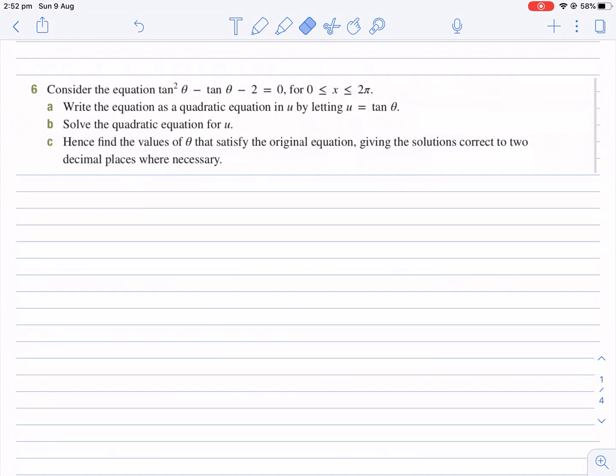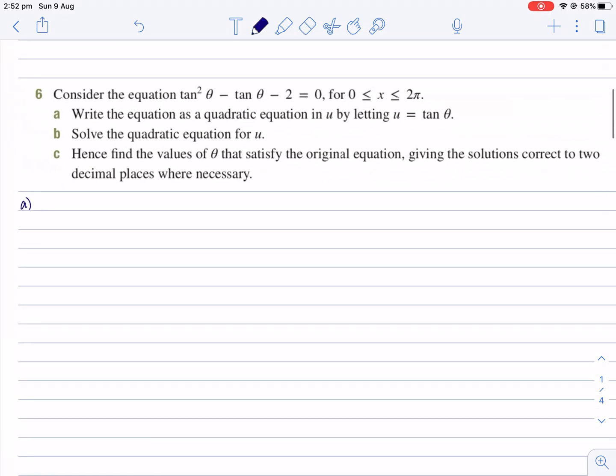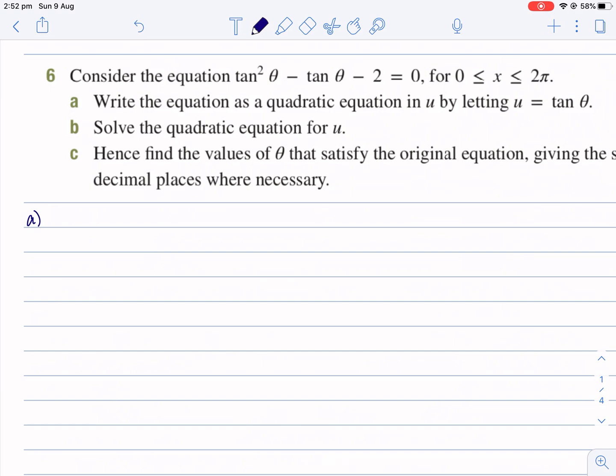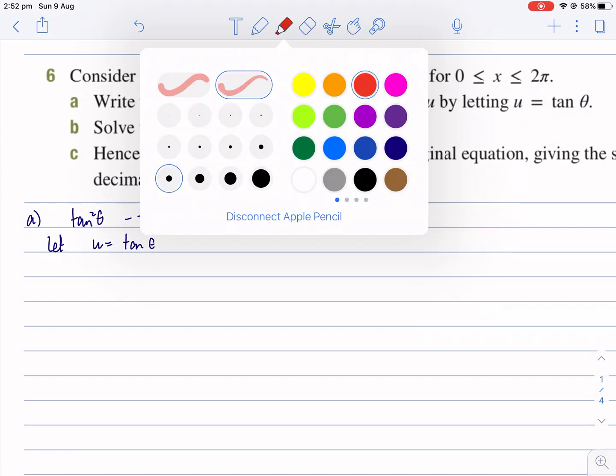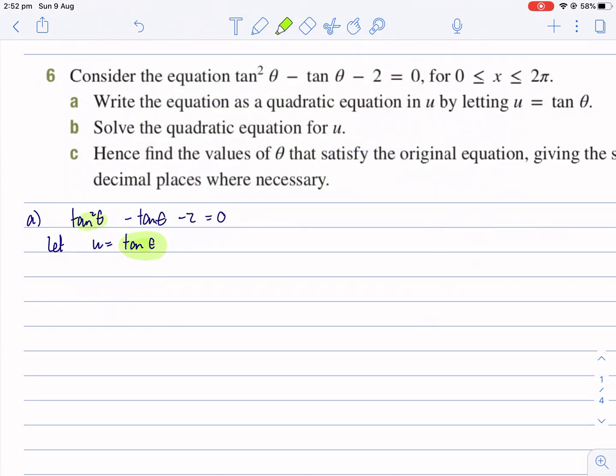Question 6 gives us another example of a fiddly one. So for A, we've got tan squared theta minus tan theta take 2 equals 0. So if we let u equal tan theta, well, tan squared theta will now be u squared.